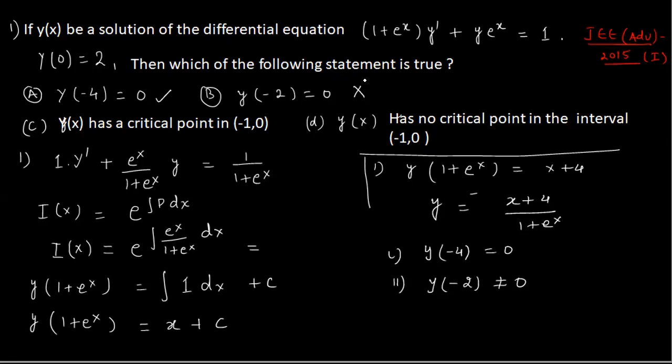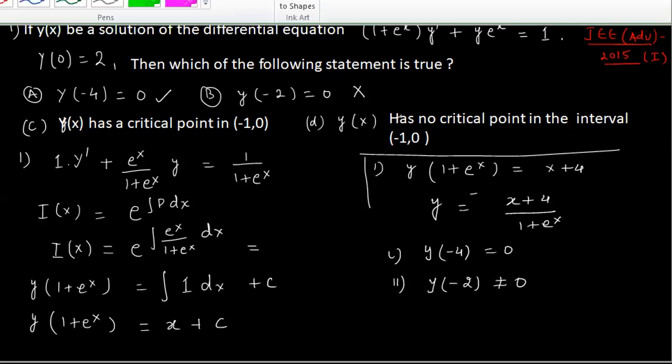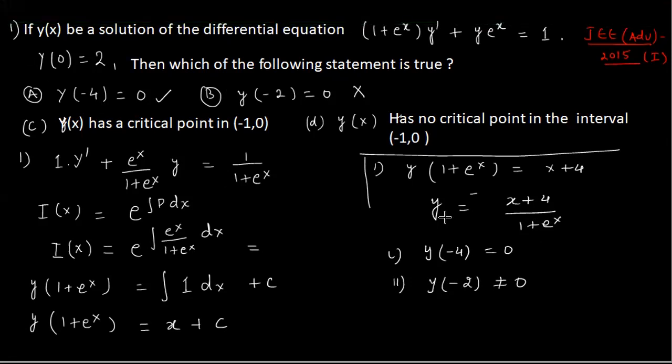Next, we have to see whether y has a critical point in minus 1 to 0 or not. So in order to find the critical point, we need to find the derivative of y. And for that, let us remove all this.